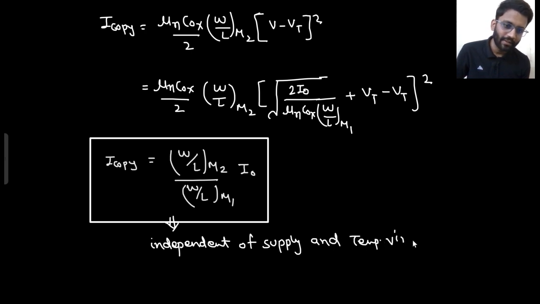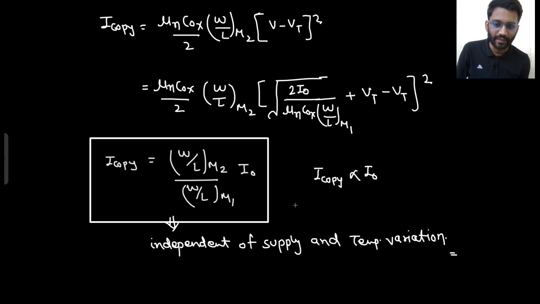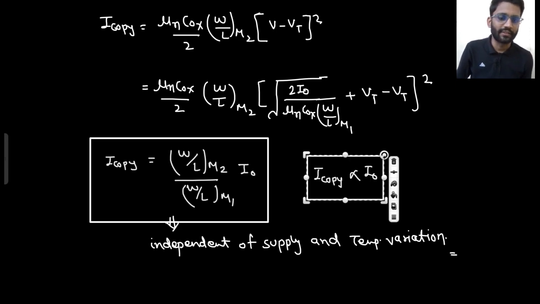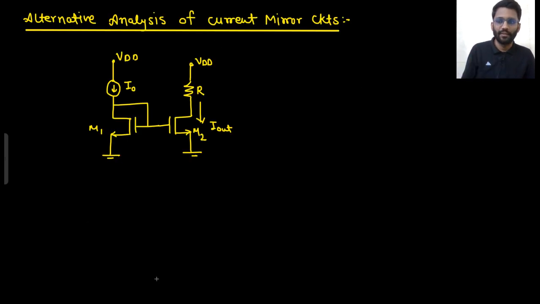No matter if supply changes or temperature changes, the current will be constant, and that will be proportional to I naught. So this was our target, to produce a current which is proportional to the golden current source, and that we have done using two MOS transistors. One was a diode connected load, and for the other you made sure that M2 is working in saturation region. So this particular configuration is known as current mirror circuit.